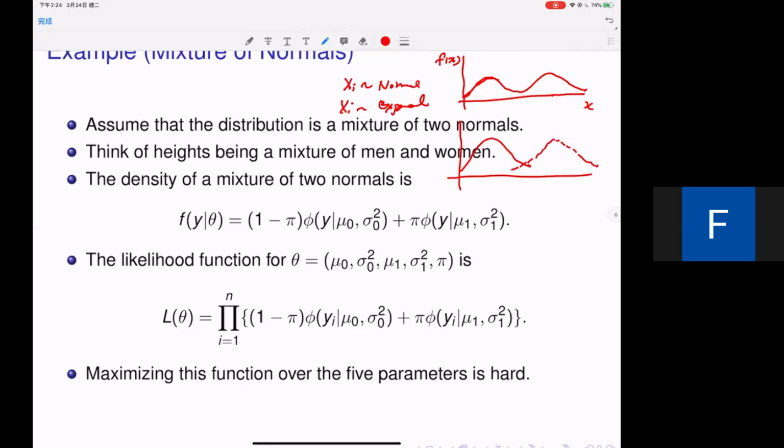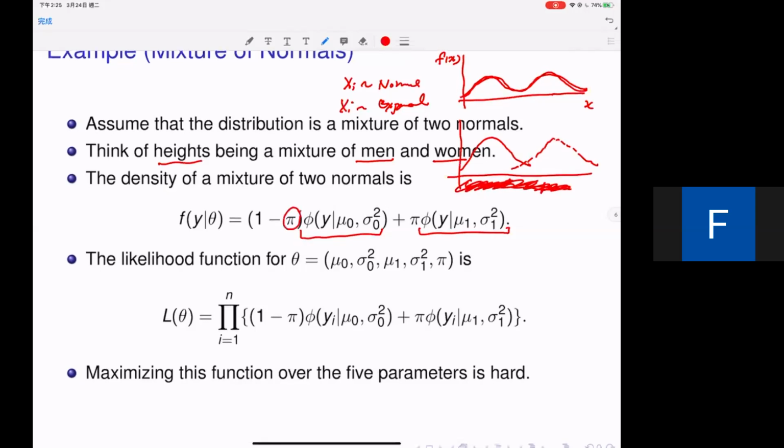Like the heights of men and women. Maybe men tend to be taller, women tend to be shorter. If you don't have information about gender, then you will see height as just bimodal. But it could be easy to describe by a combination, also called a mixture, of two normals, using a probability pi to do the connection.